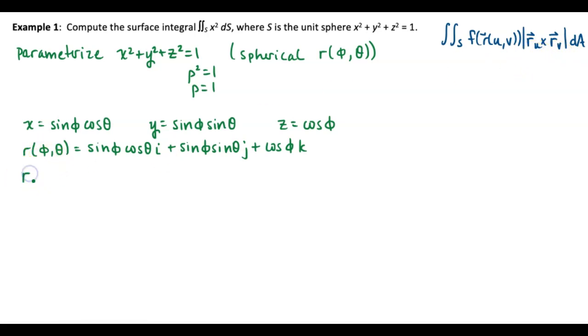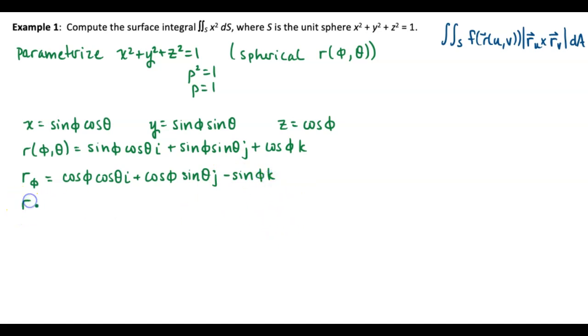Because I can find the partial derivative in terms of phi, treating theta as a constant, this is just going to be, well, the derivative of sine of phi is cosine of phi. So this will be cosine of phi, cosine of theta i. Derivative of sine of phi, again, is cosine of phi. So this is going to be cosine phi, sine of theta, j. Derivative of cosine phi is negative sine of phi, k.